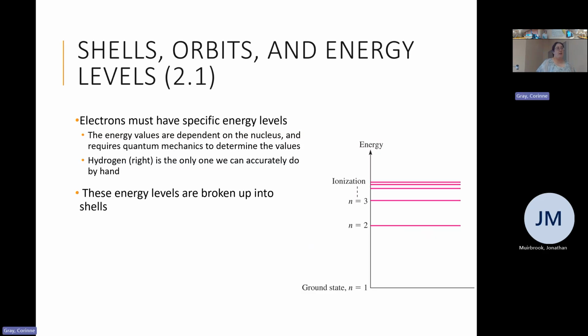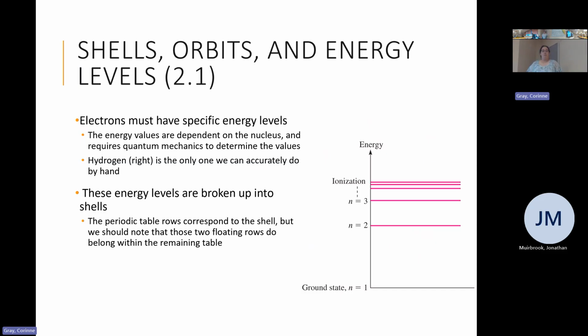With these energy levels, they kind of get grouped around a little bit. When they have a bunch really close to each other, those are typically referred to as shells. Those are going to be your rows on the periodic table. But we should note that with these two down here, technically they are not separate shells.